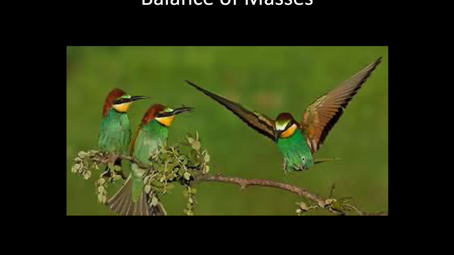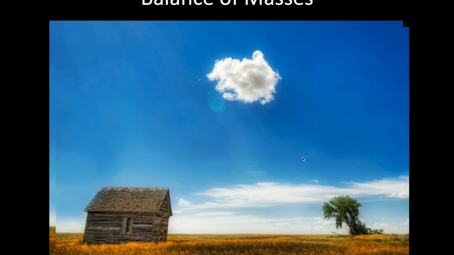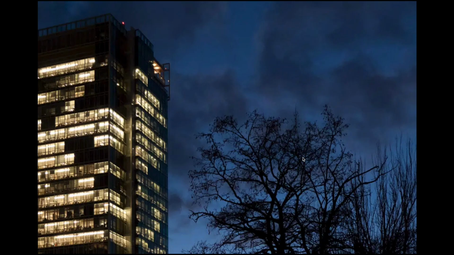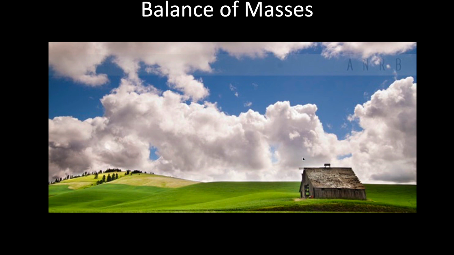Balance of masses. So here we know one hummingbird is not as much mass-wise as two hummingbirds, but when we extend the wings outward, the masses balance out. A building and a tree, same thing. Here's another building and a tree. They kind of balance each other out, even though we know they don't really, in physical weight.